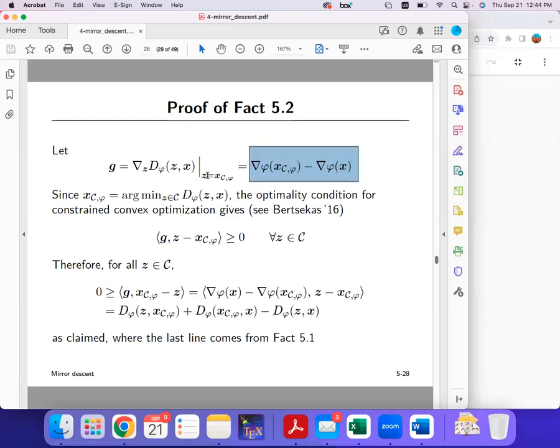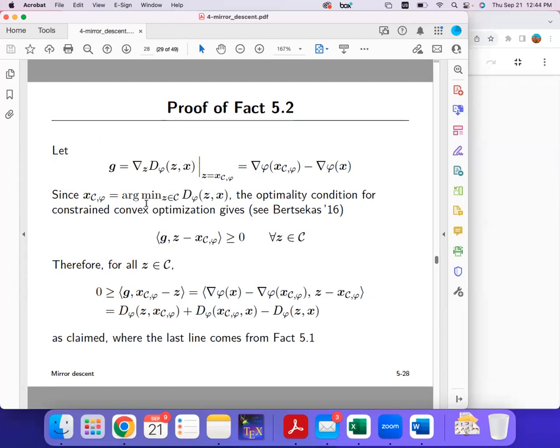Now I'm specifying this Z to be the projection point, so Z is also replaced by this projection point. This is just the gradient formula for the Bregman divergence. And this point is the projection of X onto C under the Bregman divergence.